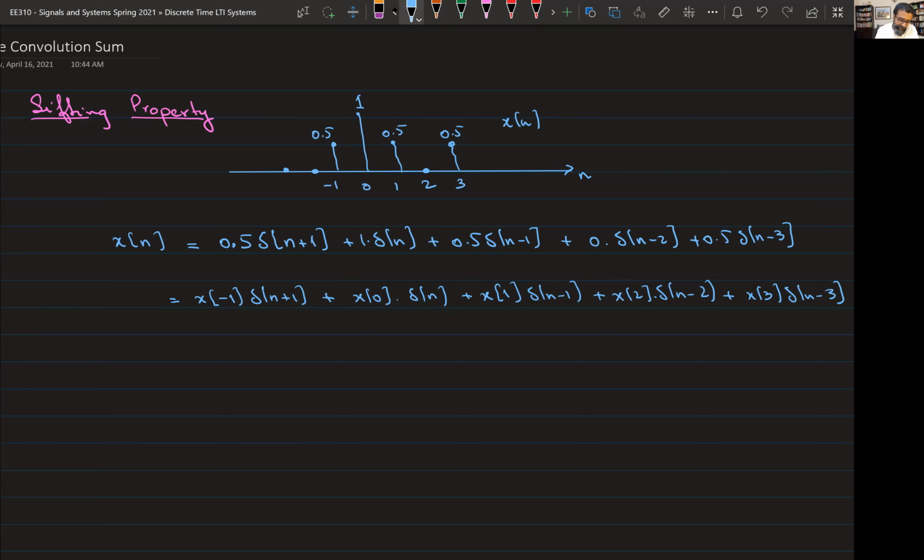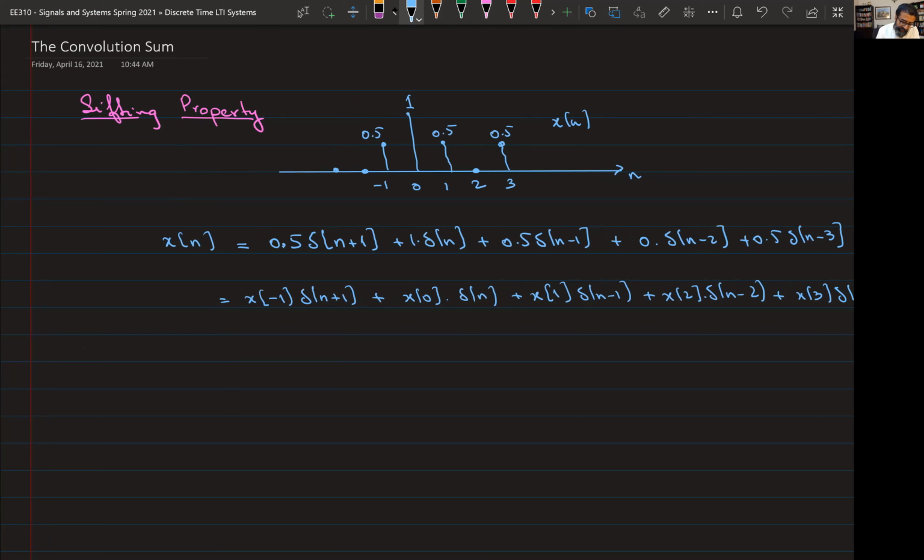Let's say if this was any signal in general, right? I could have actually said x of n is equal to, and this would be x of, let's say, minus 3 times delta of n plus 3 plus x of minus 2 delta of n plus 2, right, plus x of minus 1 times delta of n plus 1, and so on and so forth, right?